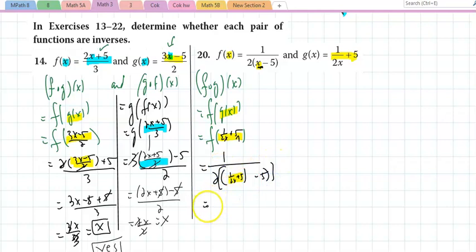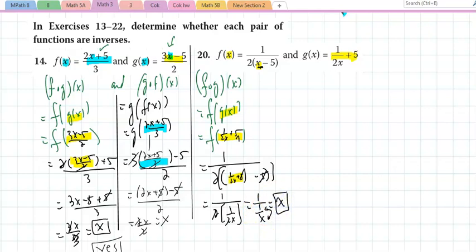If I clean this up, that's 1 over 2 times 1/2 x plus, oh, those two cancel out. And those cancel out. And 1 over a fraction is the reciprocal of this fraction. So it checks this way.